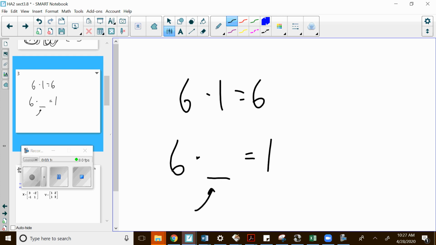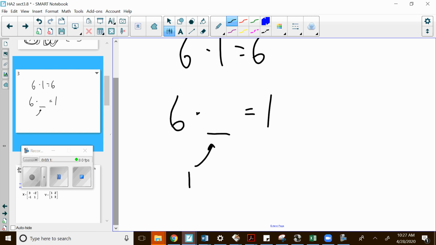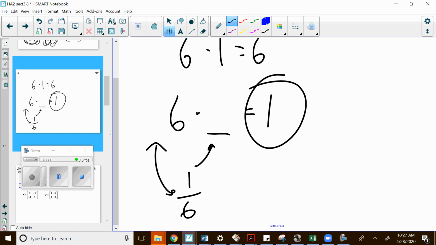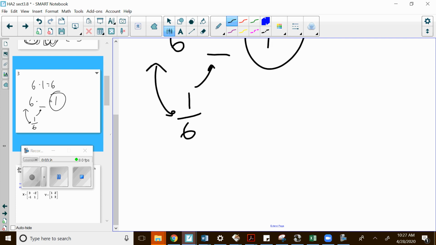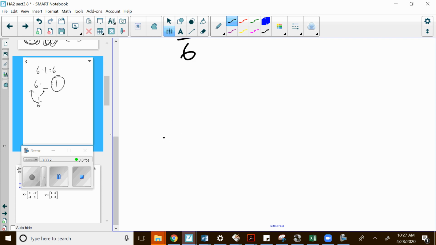It's not called the multiplicative identity, it's called the multiplicative inverse. 6 and 1/6 are inverses of each other because they get you back to the identity. What is the inverse of negative 3? It's whatever you need to multiply negative 3 by to get back to a positive 1. So negative 1/3 would be the multiplicative inverse of negative 3.